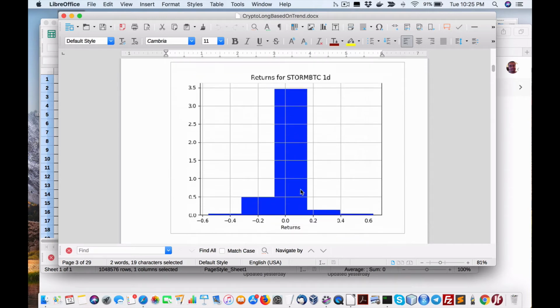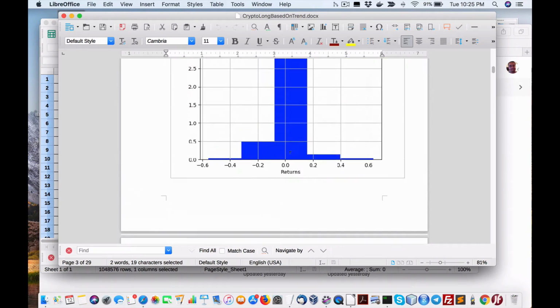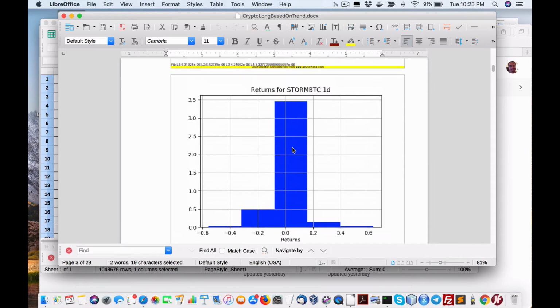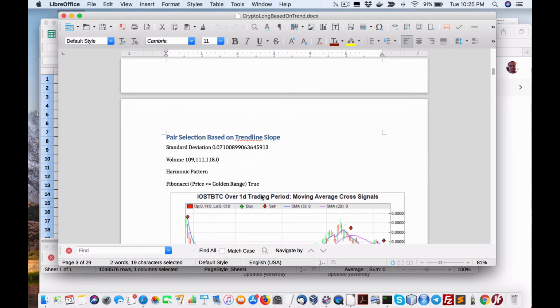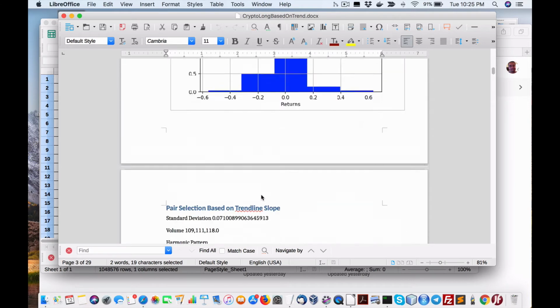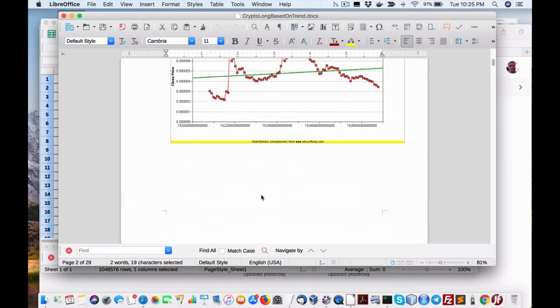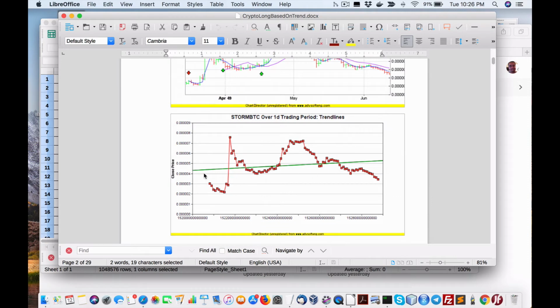Also, what really helps is the ability to see more positive daily returns than negative returns. So that's how we've broken it out. Pretty well all the cryptos here are going to have a positive trend.